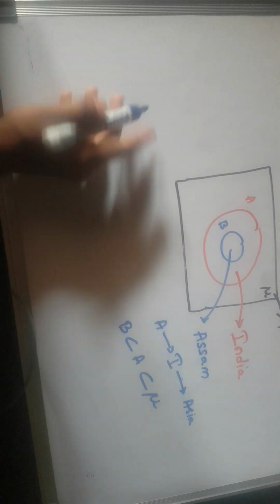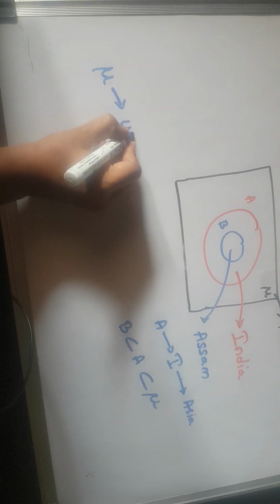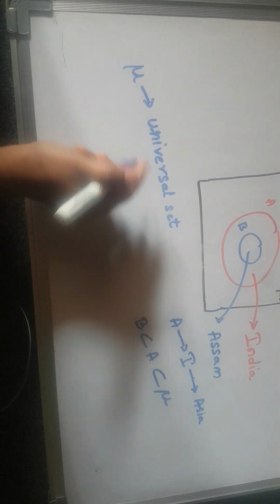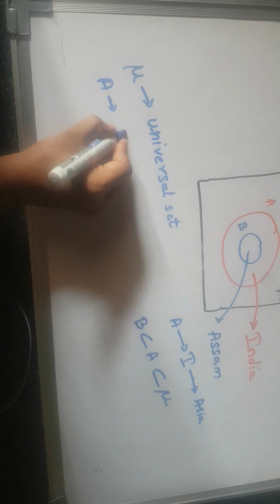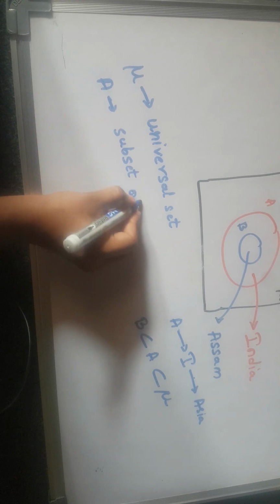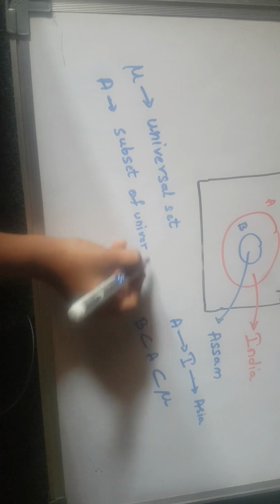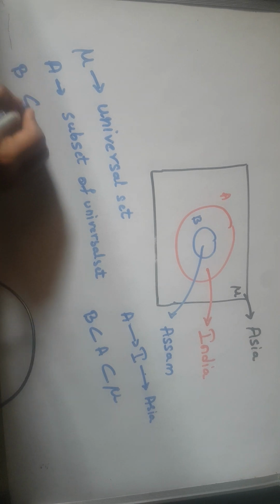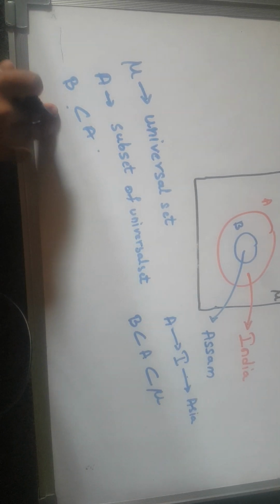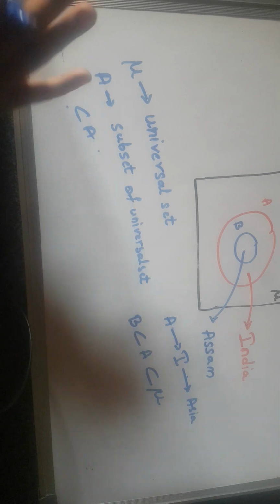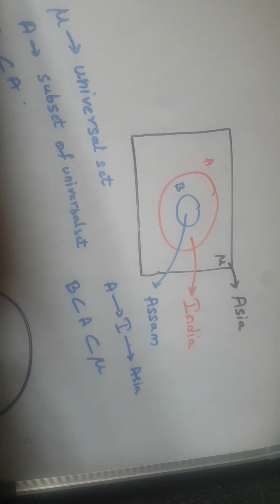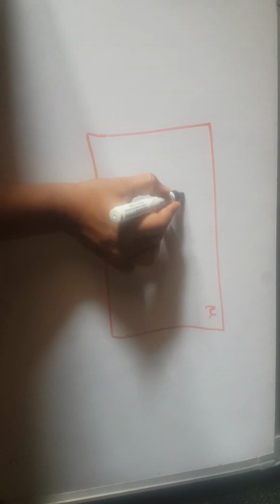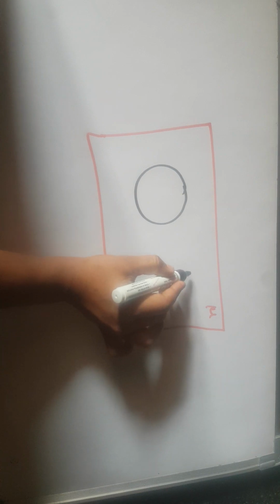So mu is called the universal set, A is represented as a subset of the universal set, and B is a subset of A. Now let us continue with two sets. This is the universal set. Consider two subsets A and B.